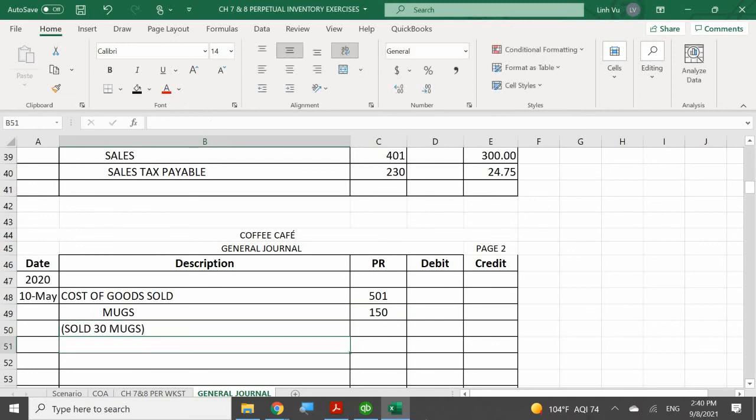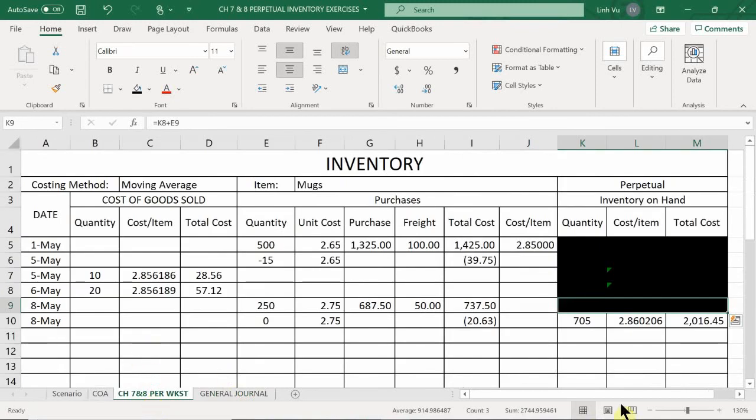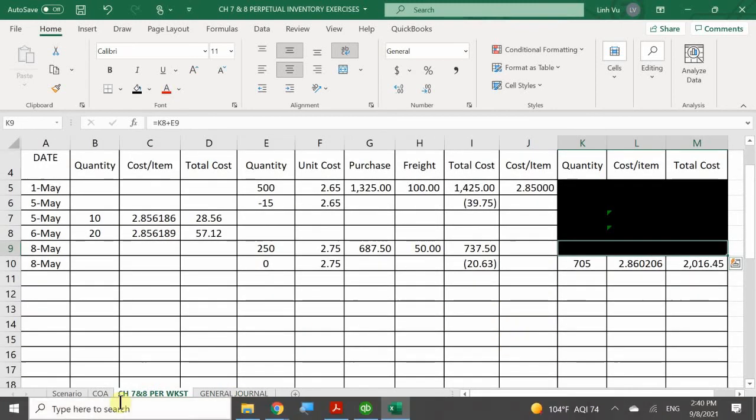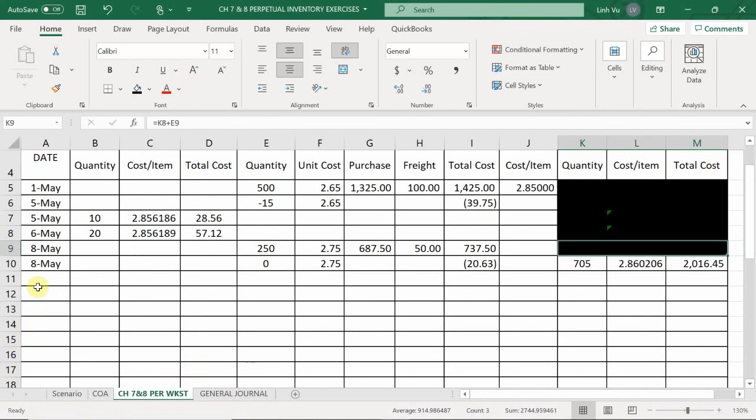Let's go ahead and calculate our cost of goods sold real quick. So here we are. It is May 10.